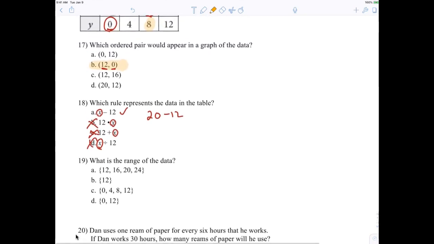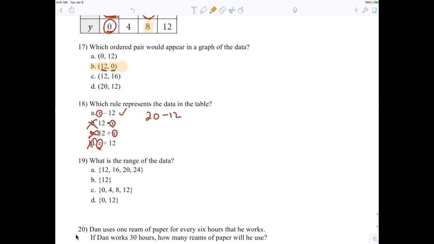What's the range? What does the range mean again? Yes, there are several definitions of range. One is exactly right: the difference between the high and the low. But we're talking about graphing. The range is the y value.